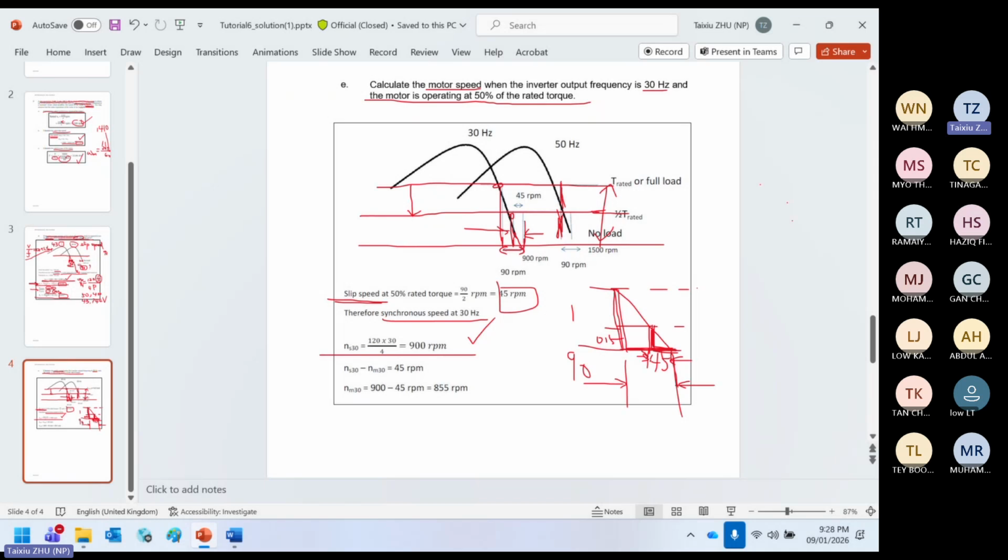Because your slip speed is halved, the synchronous speed minus the motor speed gives you 45. From here you can get the motor speed: synchronous speed minus the one I don't know. Move this one to the right-hand side and this one to the left-hand side. There you go, you get the motor speed. Done.